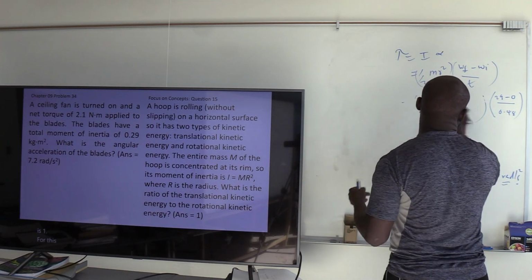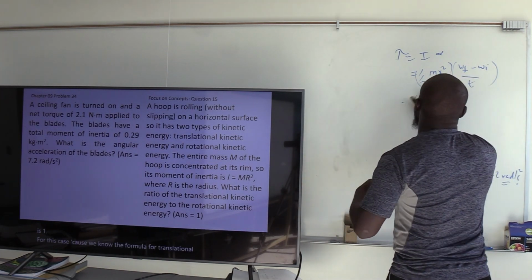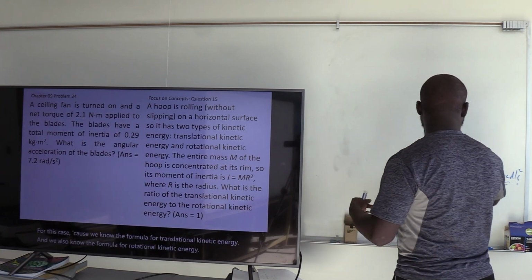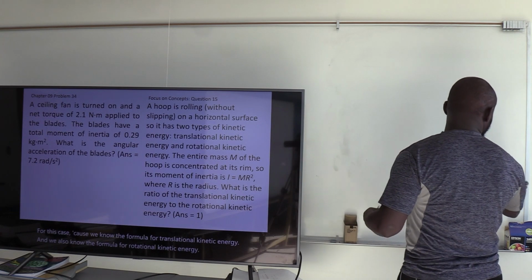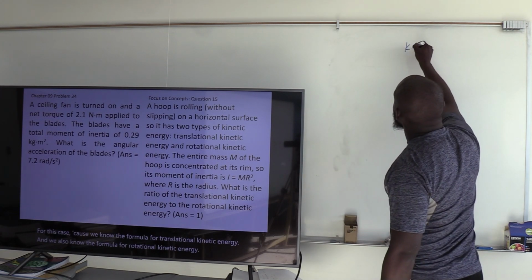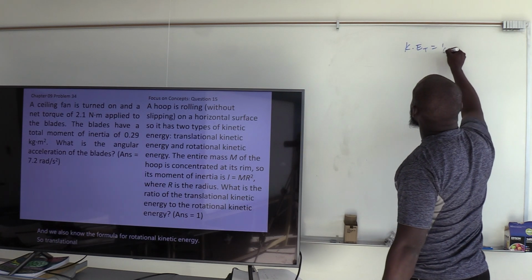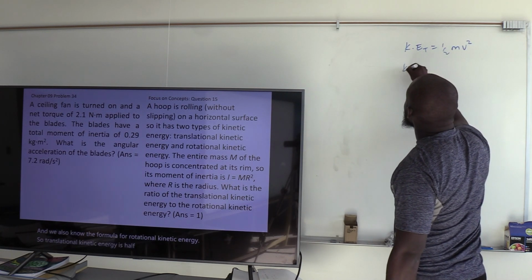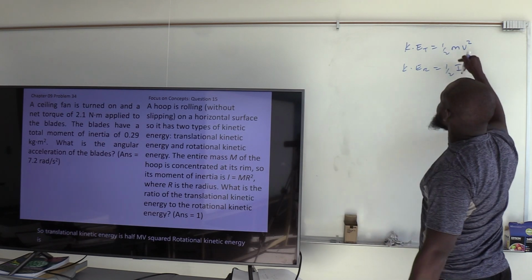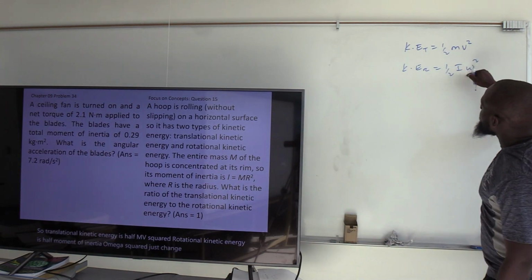Because we know the formula for translational kinetic energy, and we also know the formula for rotational kinetic energy. So let's take a quick look at that. Translational kinetic energy is half mv squared. Rotational kinetic energy is half moment of inertia omega squared. Just change all the linear values to rotational values.